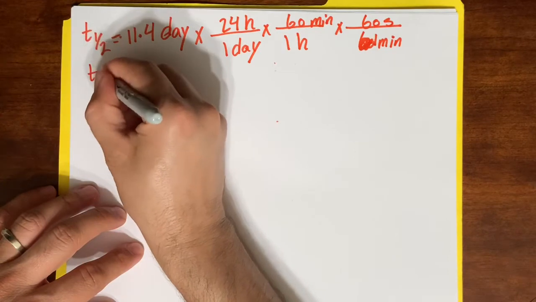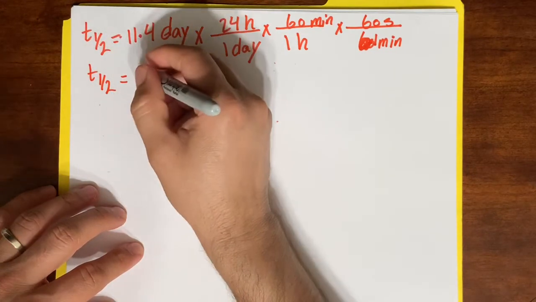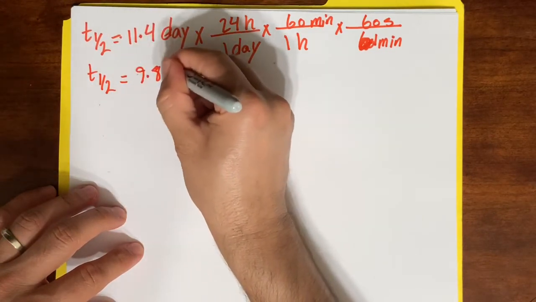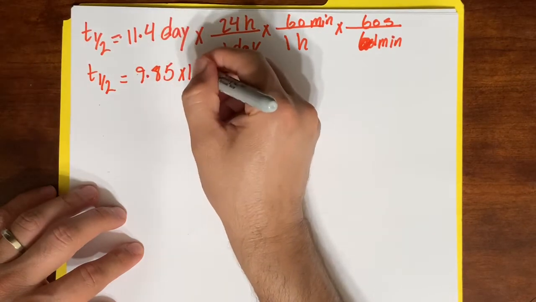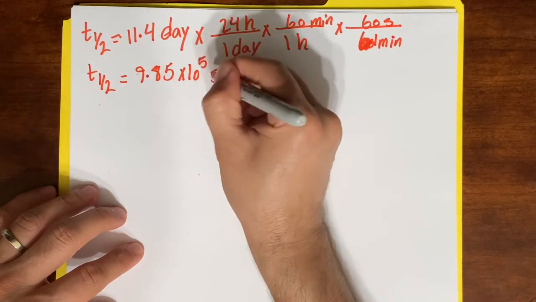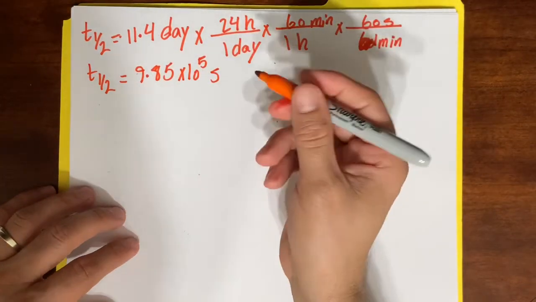So the half-life is going to be 9.85 multiplied by 10 to the power of 5 seconds. Cool, we got it in seconds.